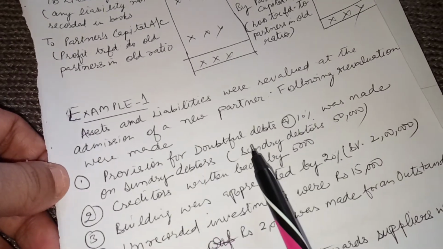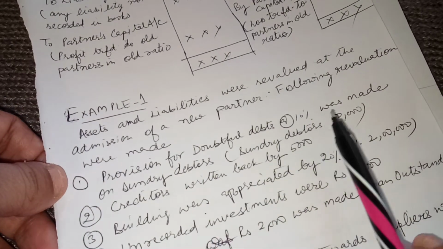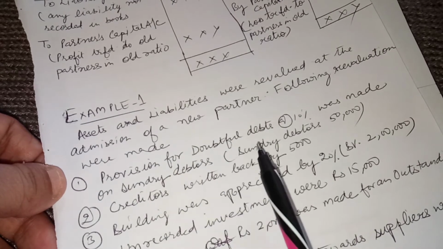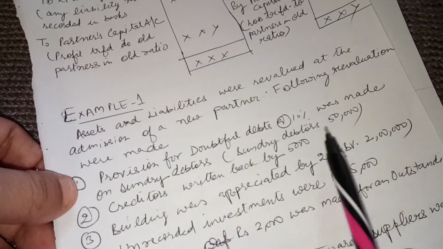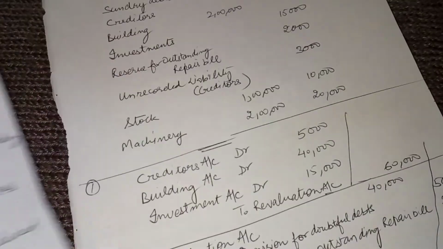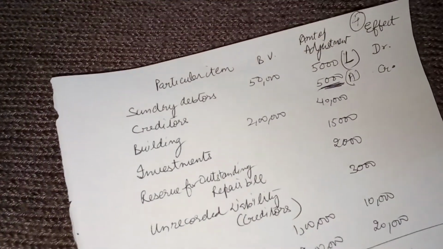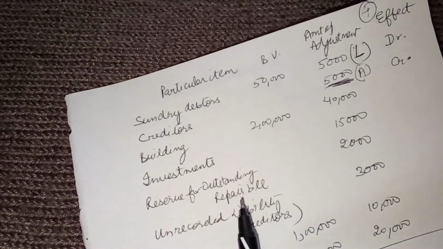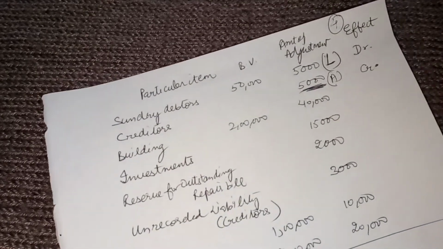Provision for doubtful debts at the rate of 10% was made on sundry debtors. The debtors were 50,000. Now, provision for doubtful debt. Provision is always a liability.